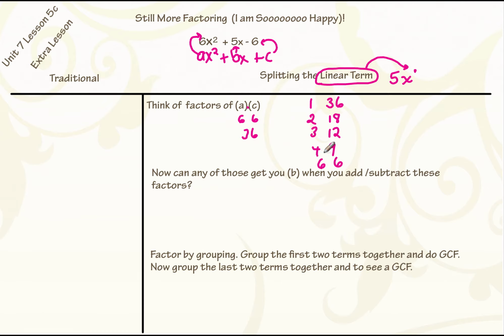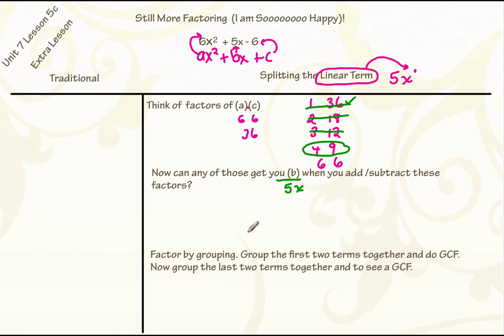Now, can any of these factors that we just listed get the 5x when we add or subtract them? That's 37 or 35, gone. That's 20 or 16, gone. That's 9 or 15, gone. Hey, look, 4 and 9 is the numbers we're going to work with.